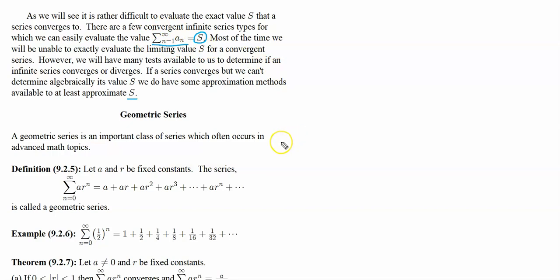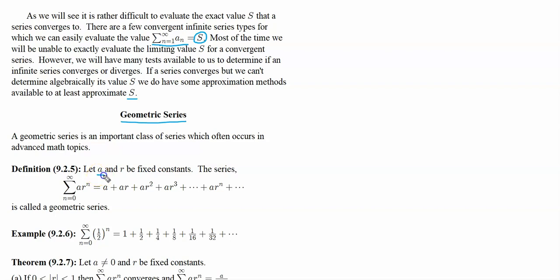Now we are going to look at a few types of series where we can evaluate this limiting value s for convergent series. The two types we're going to look at are geometric series, and then what's called a collapsing series. A geometric series is defined like this.